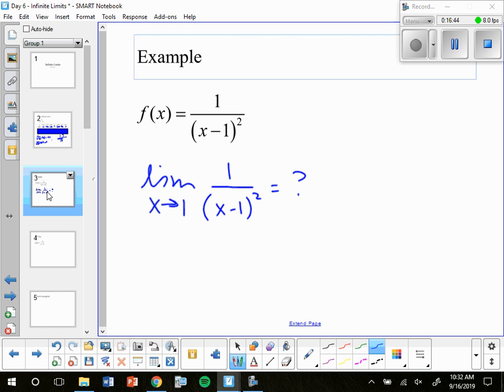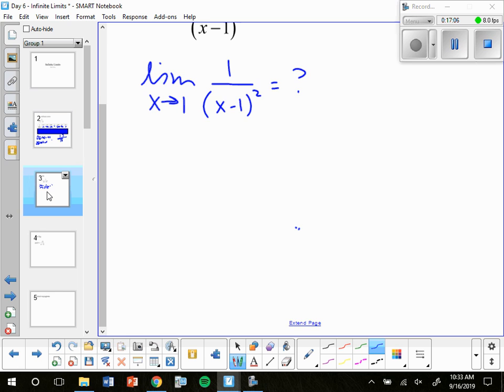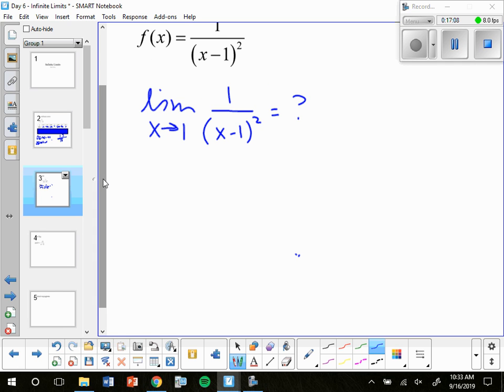Because 1 divided by a really, really small number, getting closer and closer to 0, is just getting bigger and bigger. Does that make sense? You can try it with your calculator. If you do 1 divided by 0.00000001, it's huge. And you can make it get as big as you want by getting as close to 0 as you want. But I do need to figure out if it's positive or negative infinity.